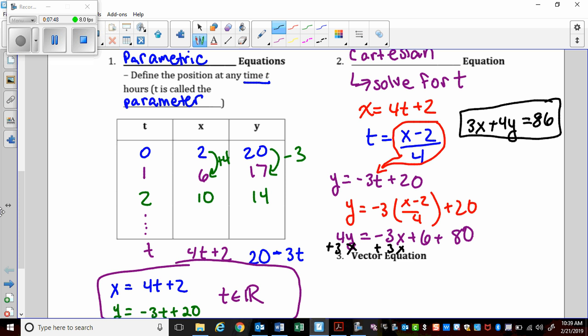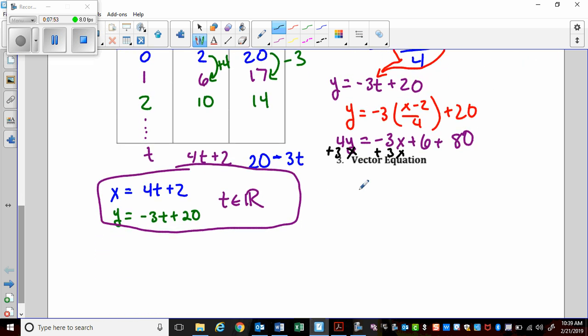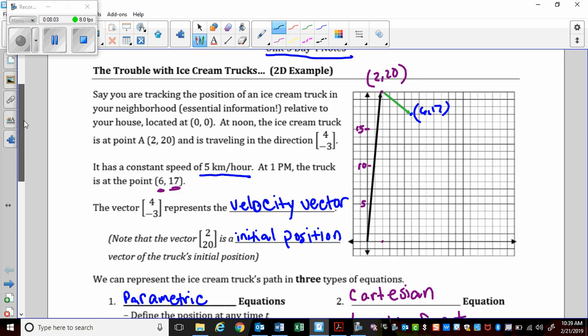Now our vector equation, let's look at what this vector equation is going to look like. This one's a little bit new. Let's first make these into vectors.